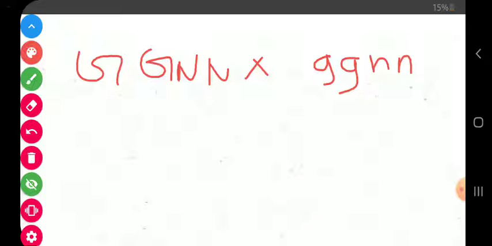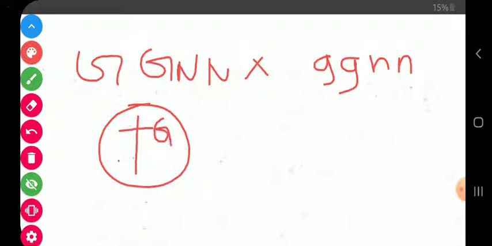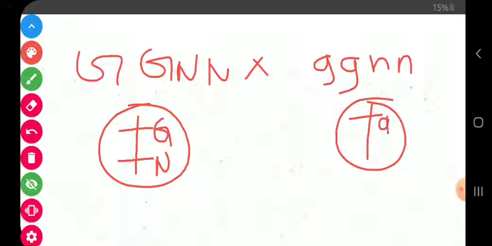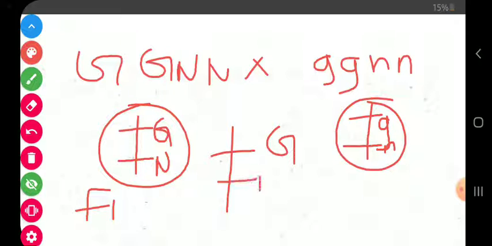So now the surprising factor that we find out is that capital G and capital N love to stay together. They stay as a unit. Oh my god, see the love affair. They're together. And the other ones, the small g and the small n, are also together. Now when these gametes fuse in the F1 generation, we have capital G, capital N, and we have small g, small n, right?